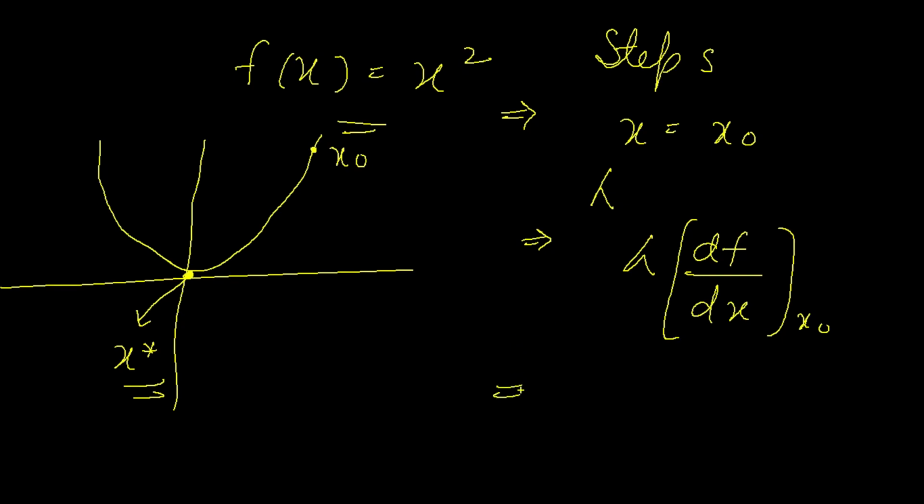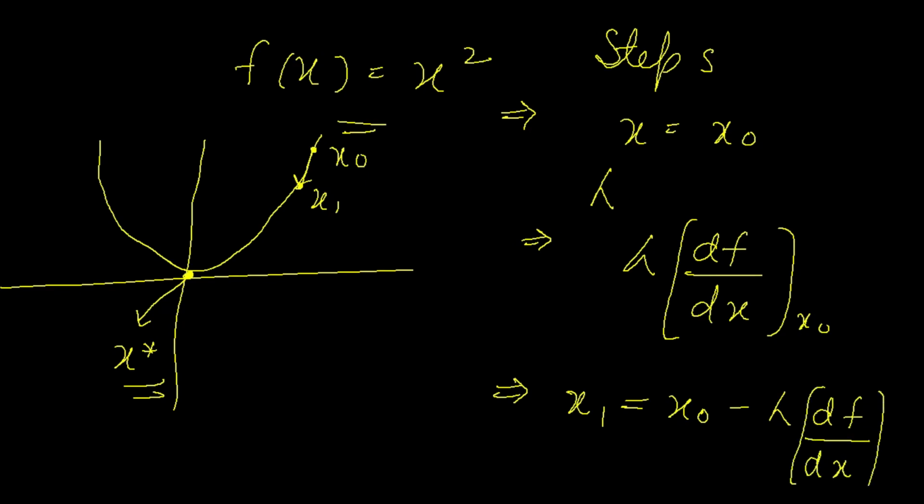Then in the next step we will update and call it x1, that is somewhat coming here. We will move from this value. Initially we take any value, but finally, for convergence, we need to reach this point. So we will define x1 as x naught minus lambda d of f of x upon d of x at x naught.